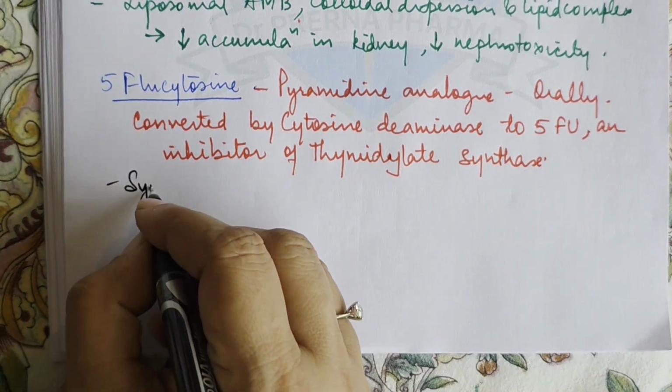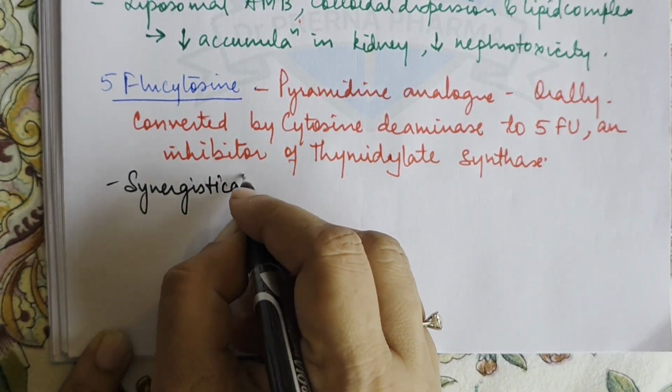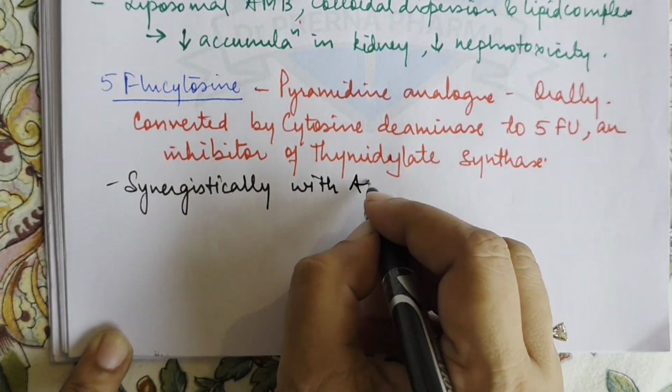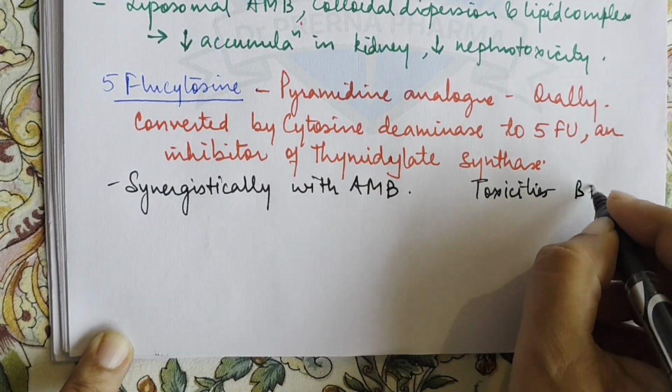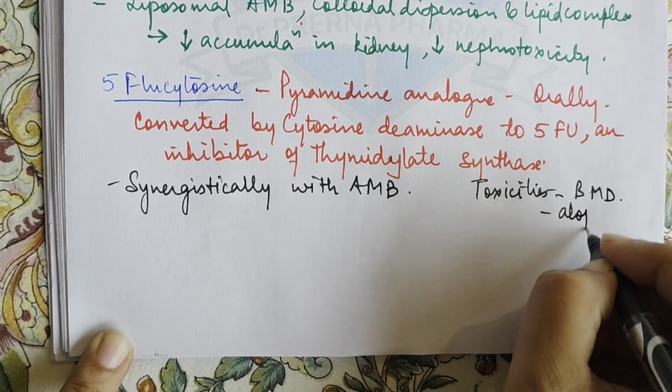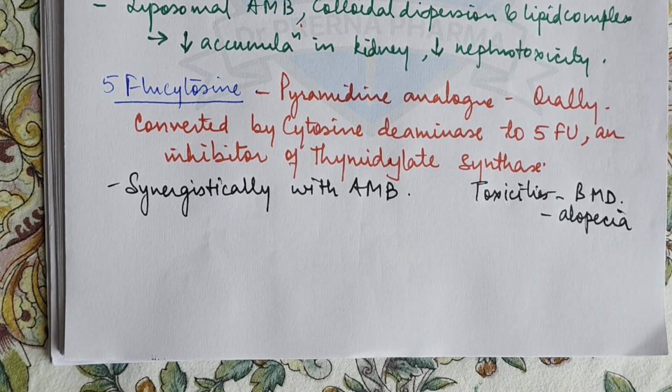It is used synergistically with Amphotericin B. Its toxicities include bone marrow suppression and alopecia. So these are the toxicities of flucytosine.